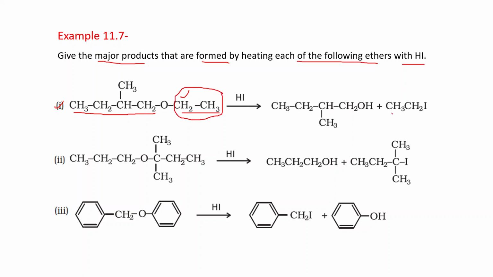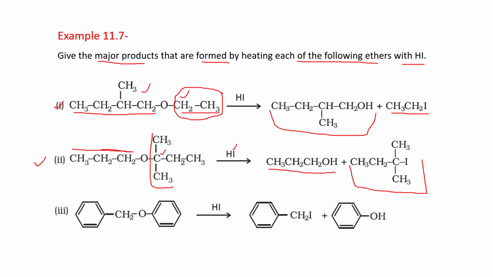That's why we will get CH3CH2I, and this H will go to this part, and that's why the alcohol is this one. Now in the second case, you can see this is the primary group and this is a tertiary. That's why I will go to the tertiary carbon, and we will get this iodoalkane, and H will go to this, and we will get this alcohol.